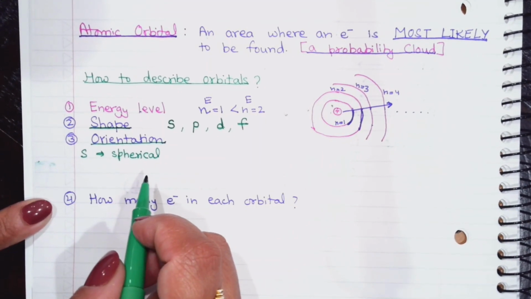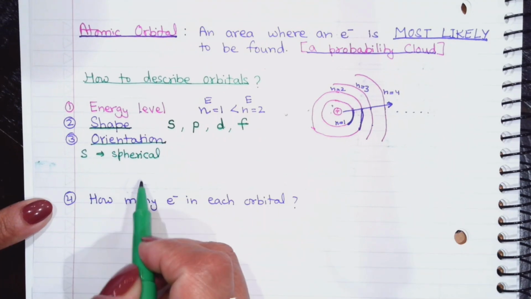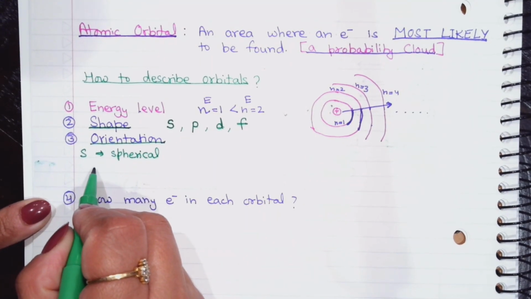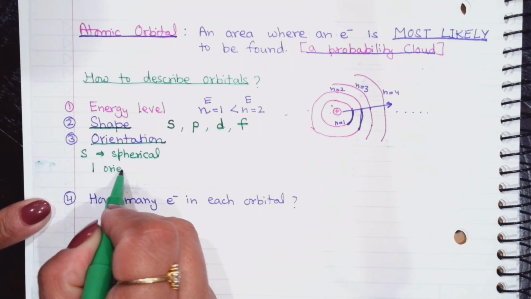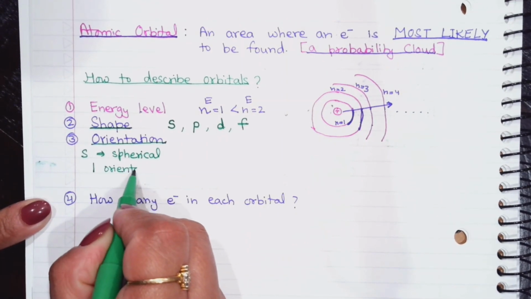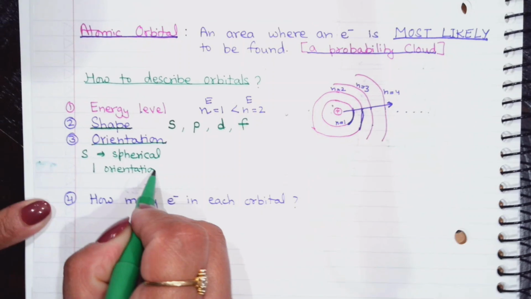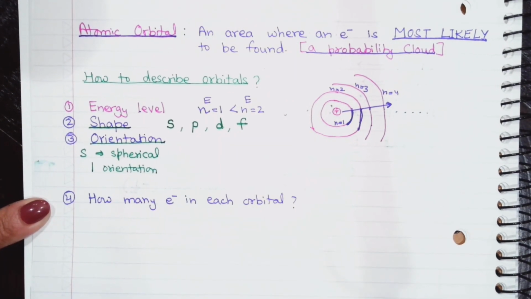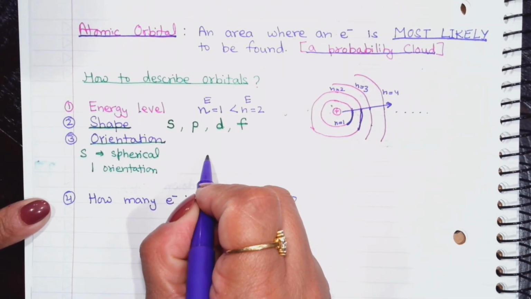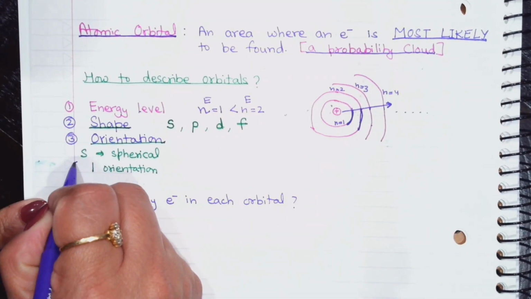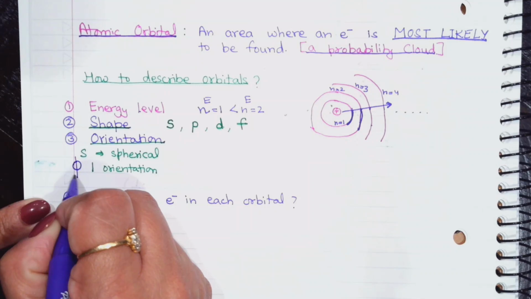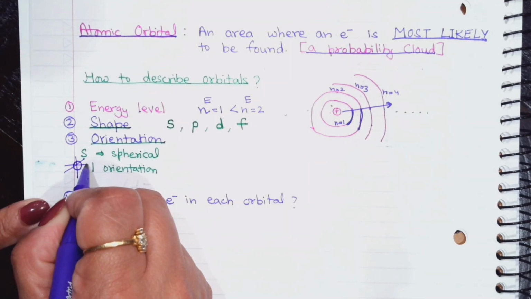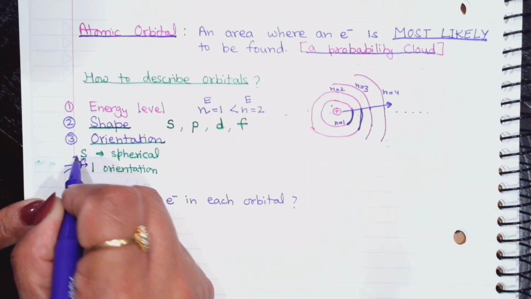Since a sphere has only one orientation, s orbitals have only one orientation along the three axes. So this is what an s orbital will look like, a sphere, right? And it has only one orientation along the three axes.